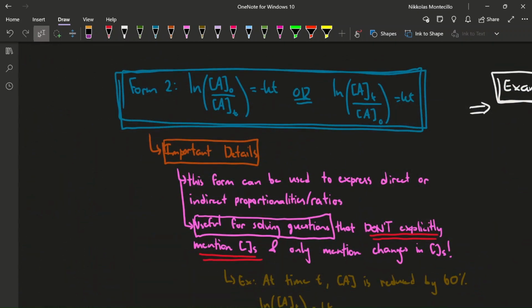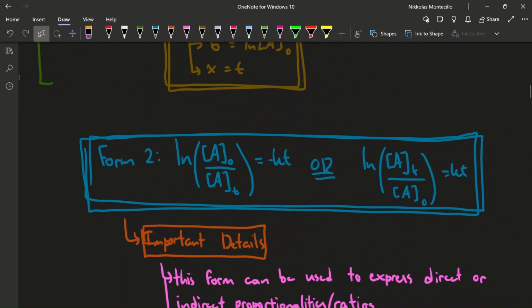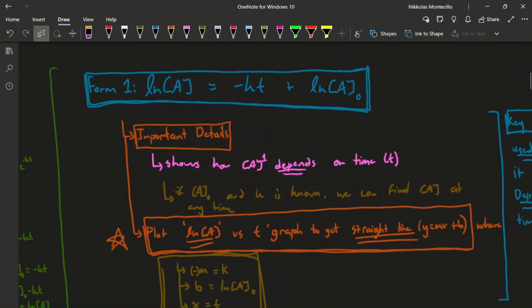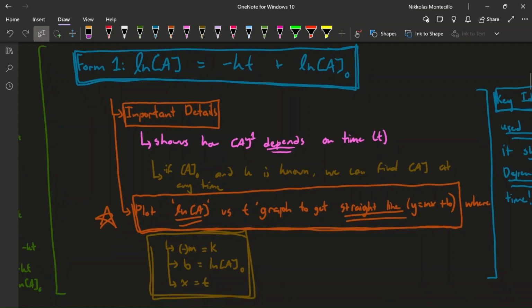Moving on to the second form of first order integrated rate laws. The second form is expressed as a ratio, as opposed to the first form, which looks very similar to a regular plot where y equals mx plus b, right?